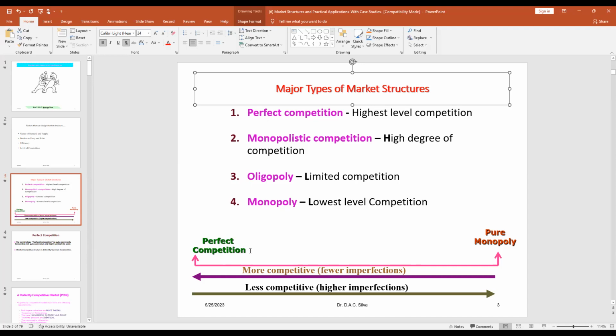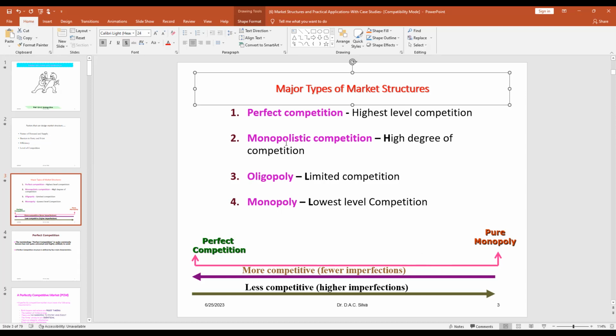Perfect competition is a concept we develop conceptually, and you can't see it everywhere, but rarely you can see situations with the highest competition among the suppliers. Pure monopoly is only one supplier, with no competition. So between perfect competition and monopoly, we can see the other 2 markets. What are the other 2 markets? Monopolistic competition and oligopoly. So oligopoly is staying here.